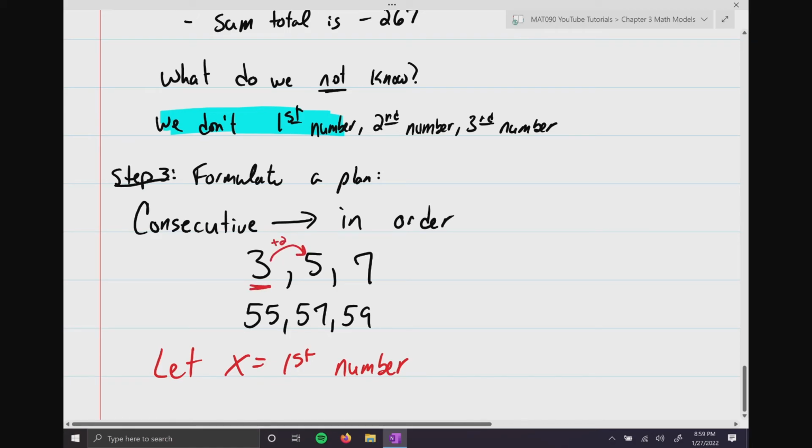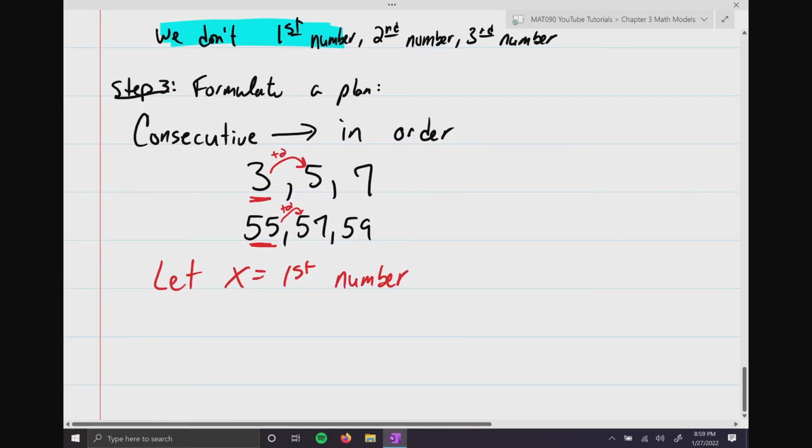You add 2. If you start at 55, how do you get to 57? You add 2. Therefore, if x is going to be our first number, well, if I add 2 to that, that's going to give me my second number.